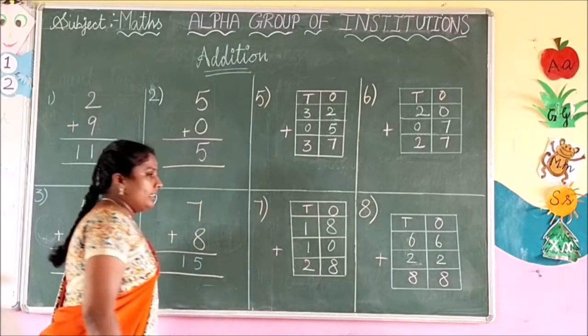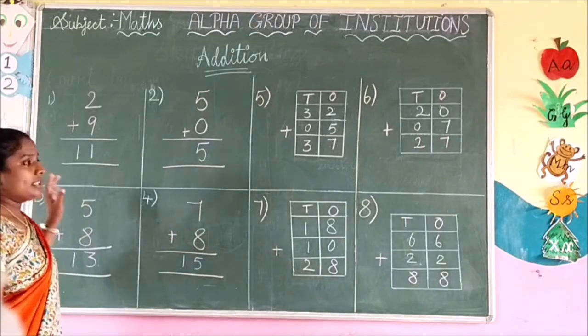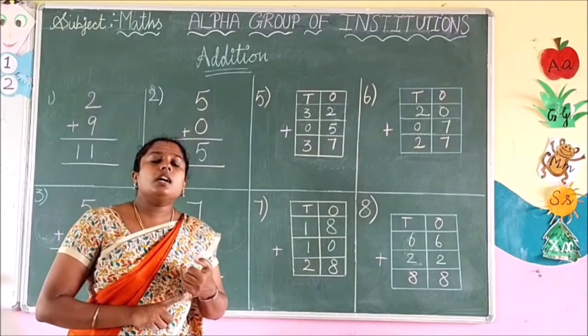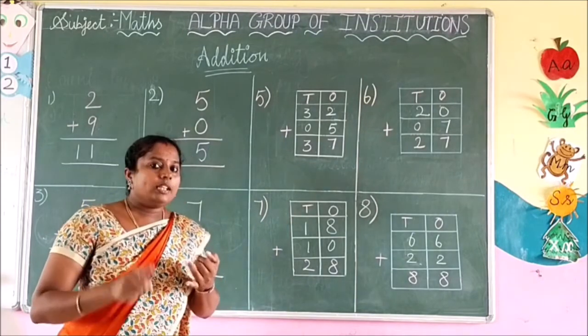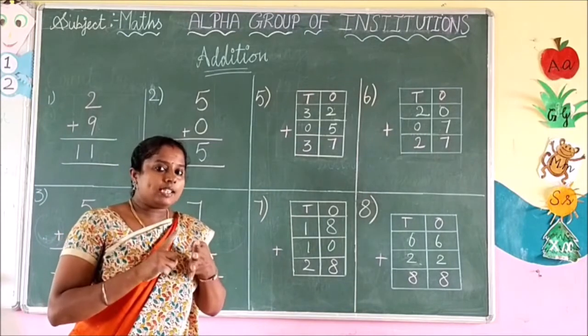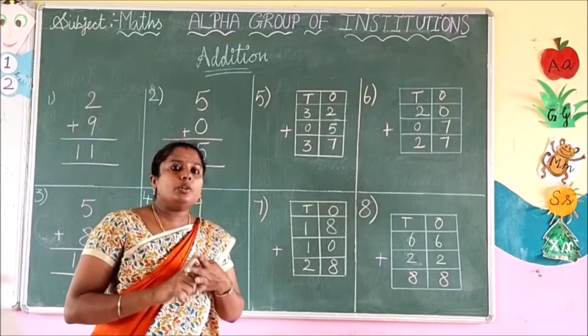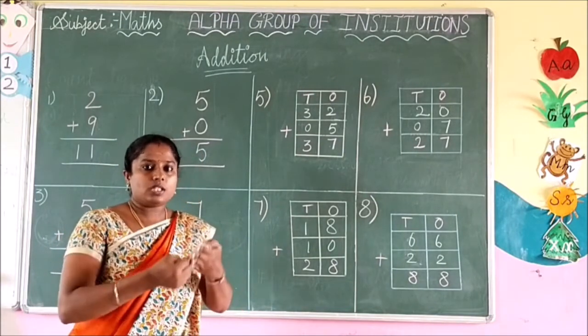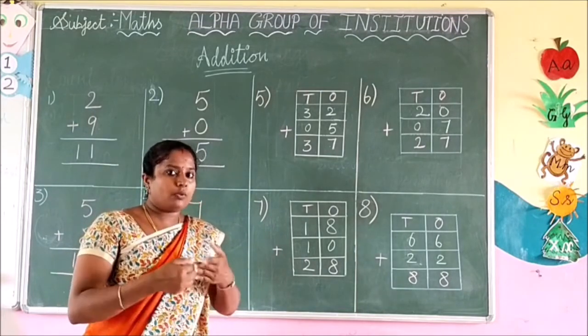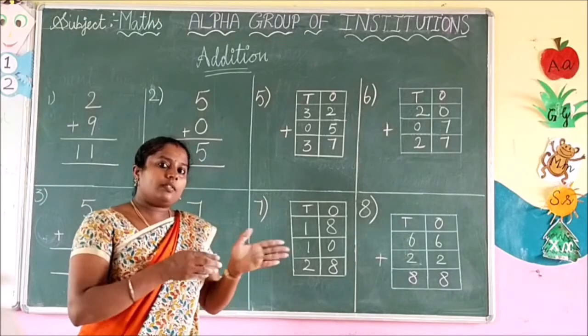Yes. So in this class we saw, first we saw skip counting. In skip counting, what are the things we saw? Skip counting by 2, then by 3, by 4, and by 5. That is, skip counting by 2 means we skip 2 numbers, and 3 means we skip 3 numbers, 4 means 4 numbers. So likewise it will go.